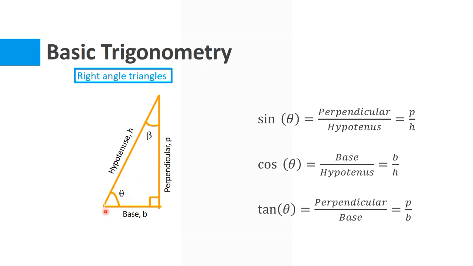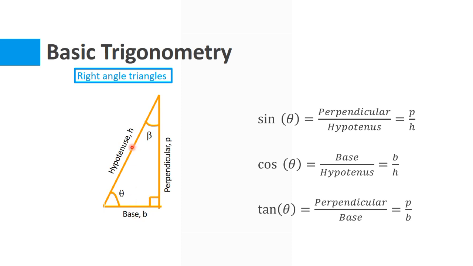Now the side which is adjacent to the angle and to the 90 degree angle is known as the base, and the other side will be the perpendicular. If we are taking our reference as this angle theta, then the side which is opposite to theta will be the perpendicular, the side which is adjacent to theta and to the 90 degree angle will be the base, and the remaining side would be the hypotenuse.